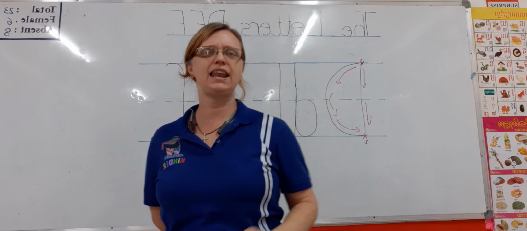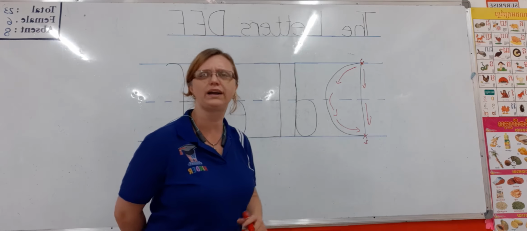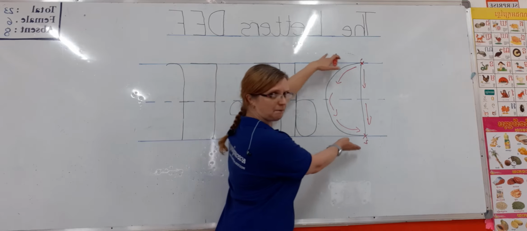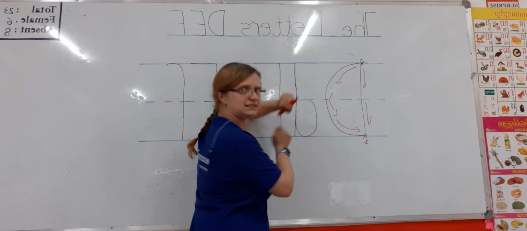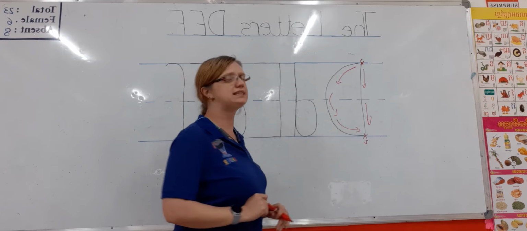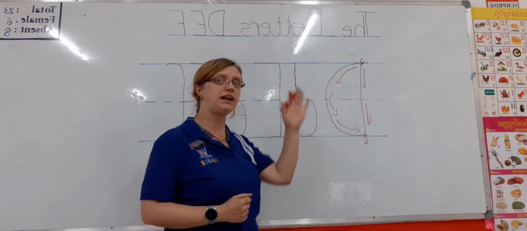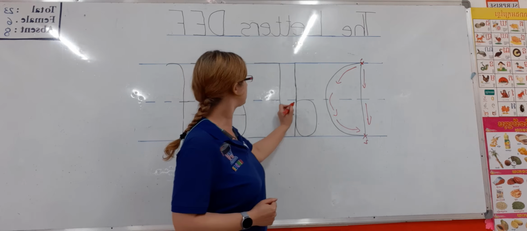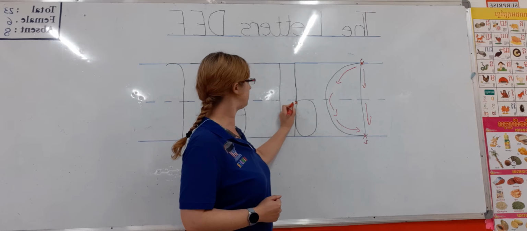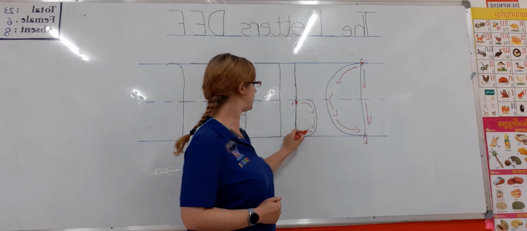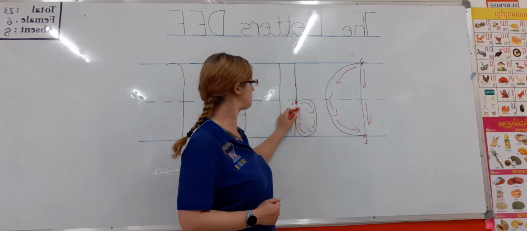Now let's look at lowercase d. See, uppercase, lowercase. Big letter D, small letter d. Small letter d is the same as your small letter b: a line and a bubble. We're going to start with the bubble there, point number 1. We're going to draw round, round, round, like we did with letter A, remember?